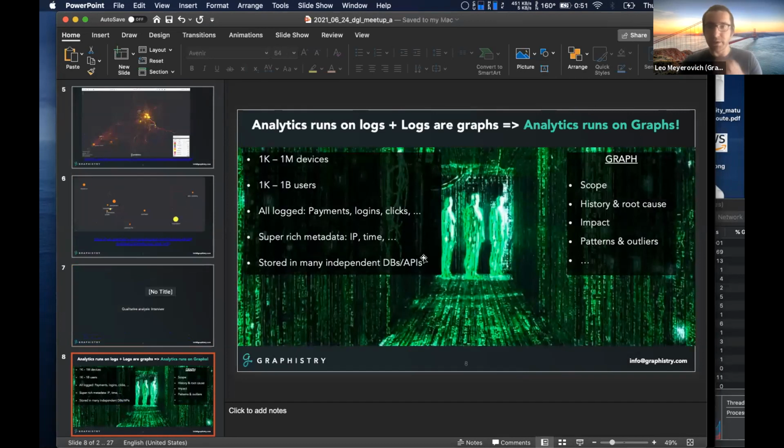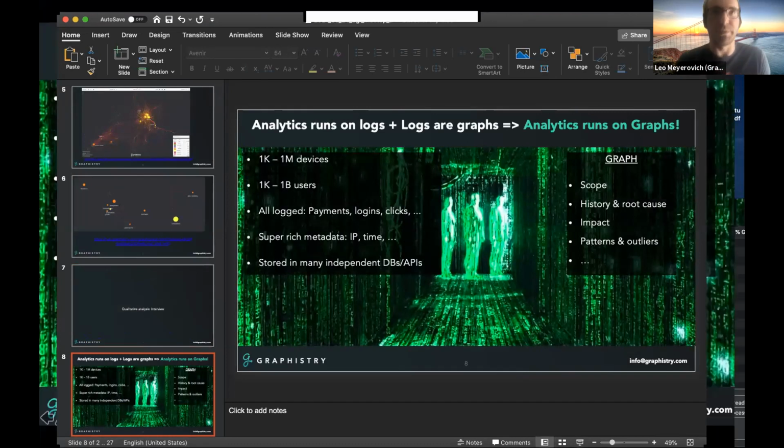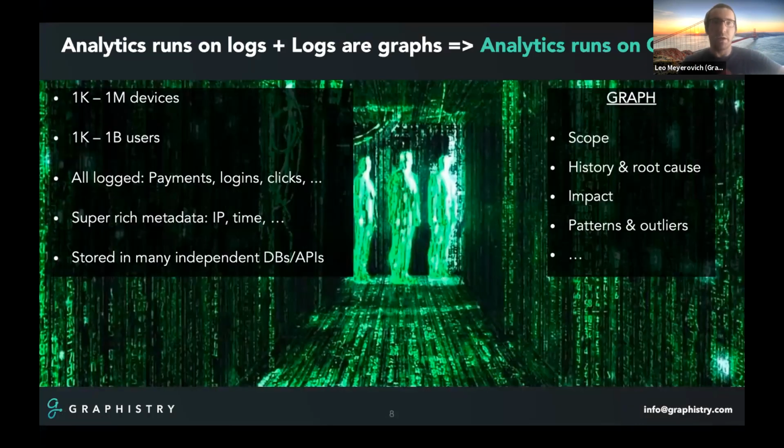Okay, so I want to share a bit about where a lot of the Graphistry community is coming from on this. An interesting statement is that a lot of analytics nowadays runs on logs. Imagine fraud teams looking at application logs, like at eBay or any e-commerce site, of people clicking around the site and doing interesting things.